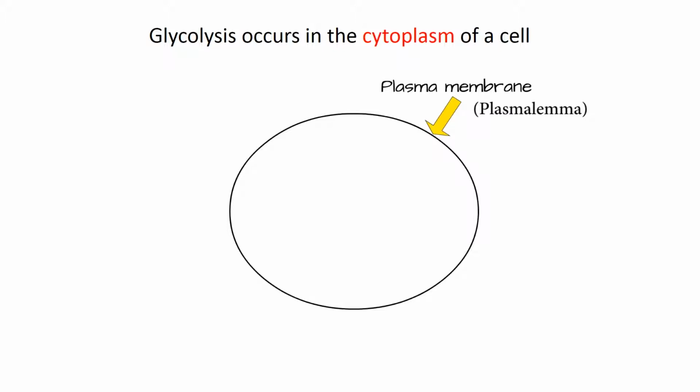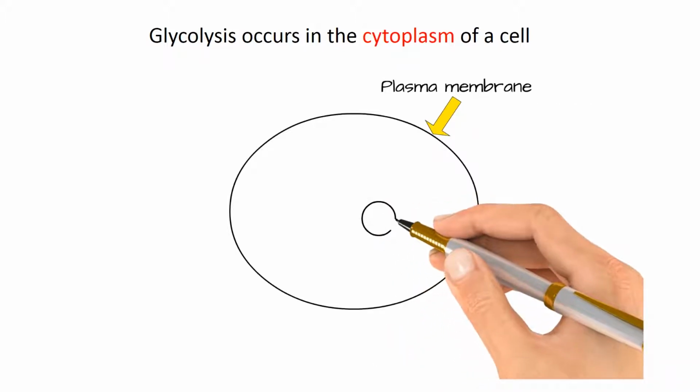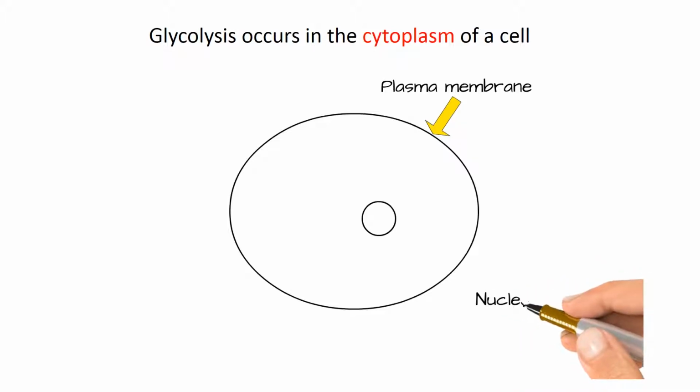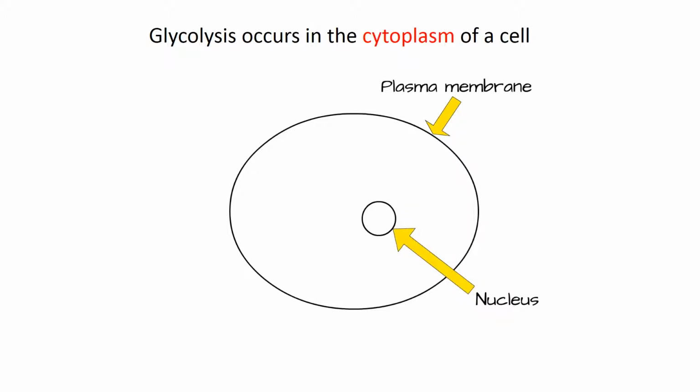Now, for illustration and orientation, this is the organelle called the nucleus, which, as described, is surrounded by its own membrane called the nuclear membrane. Certain types of animal cells, cancer cells, plant and algal cells often contain more than one nucleus, but I'm drawing only one nucleus in this cell. The nucleus contains most of the genetic material in a cell in the form of DNA organized into chromosomes.